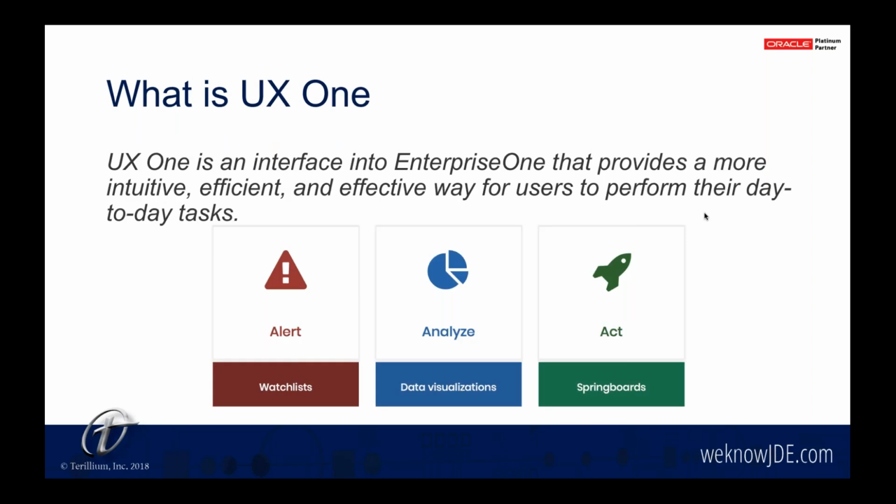So what is UX1? UX1 stands for the user experience for Enterprise One, and it's really an interface into the Enterprise One software that just provides users with a more intuitive and a more efficient way of performing their day-to-day tasks.